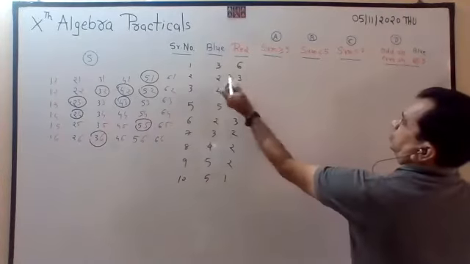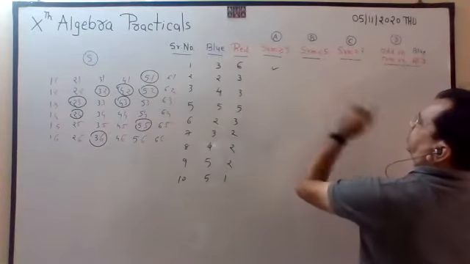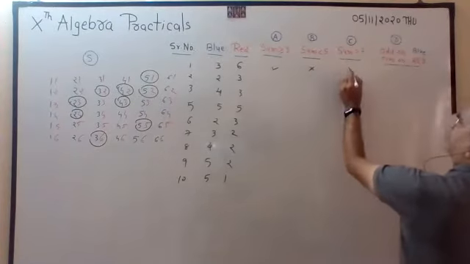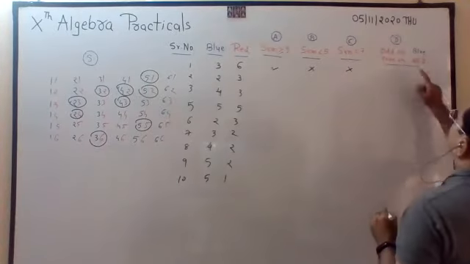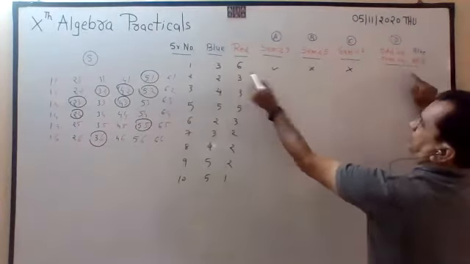Now, is the sum exactly equal to 9 or greater than 9? Not less than 5, and the sum is not this. Now odd on blue, yes. Even on red, yes.